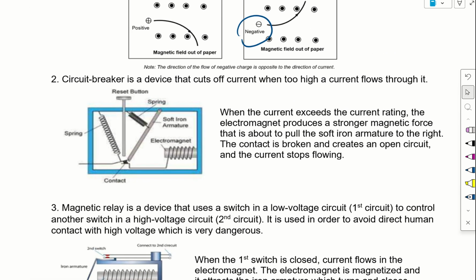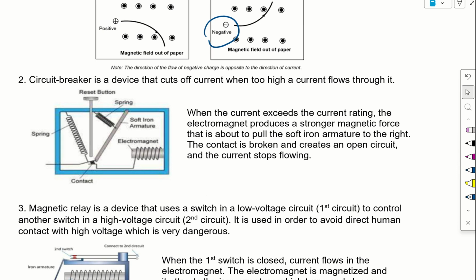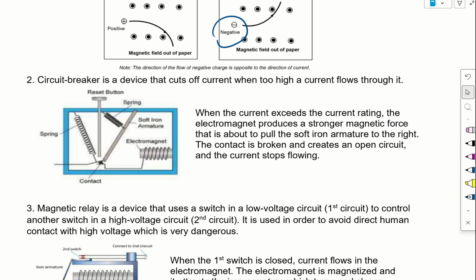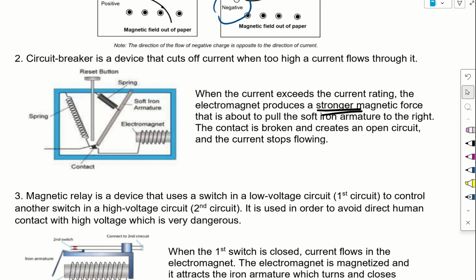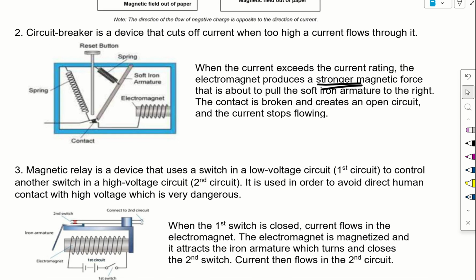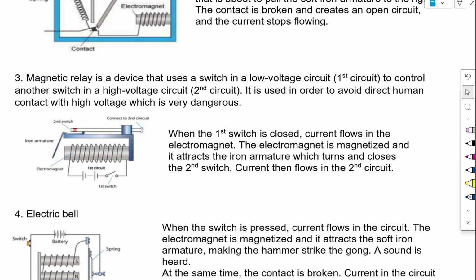We also talk about a circuit breaker, right? And the keyword is it must become a stronger electromagnet when the current exceeds the working current value.